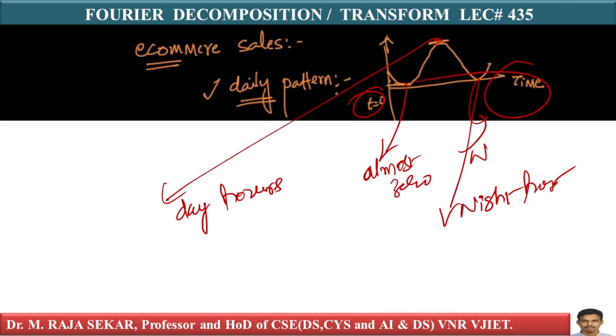For any retail sales, your daily pattern is like this: at midnight, maybe at 3 a.m., nobody is shopping online. During peak hours, morning hours or afternoon hours or after office hours, a lot of people will be shopping. So there is a daily pattern here.